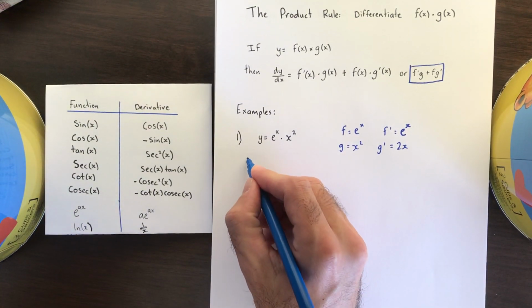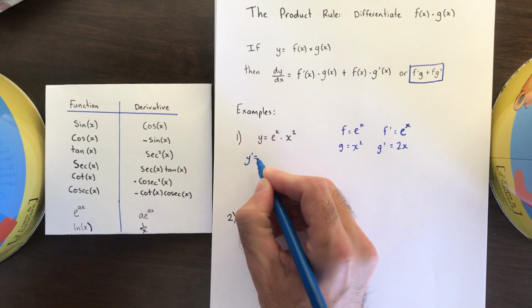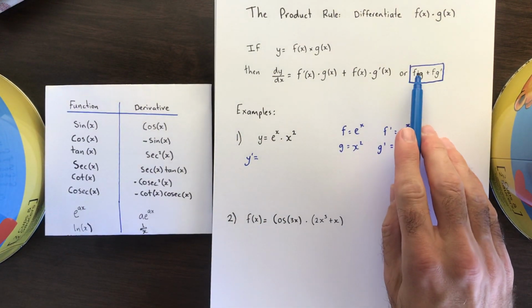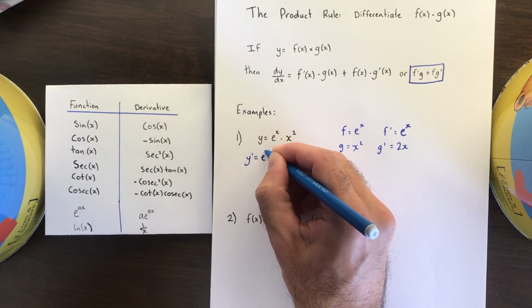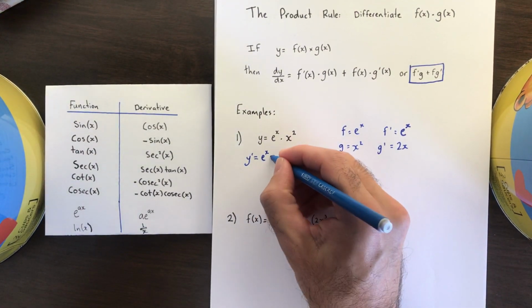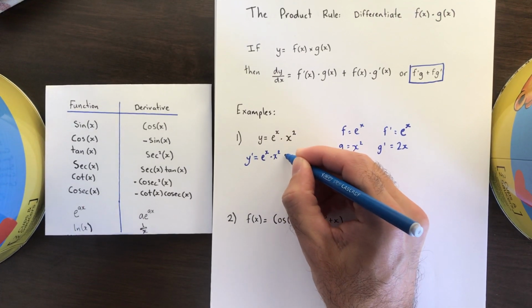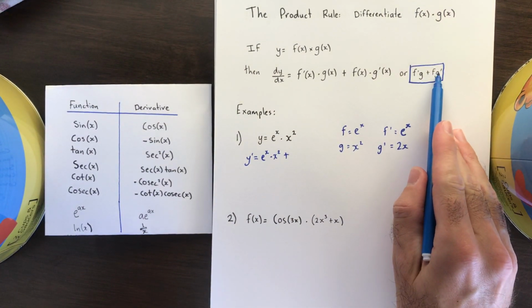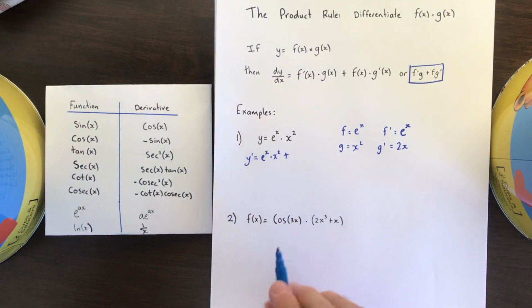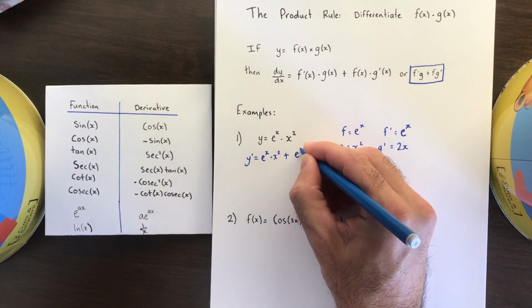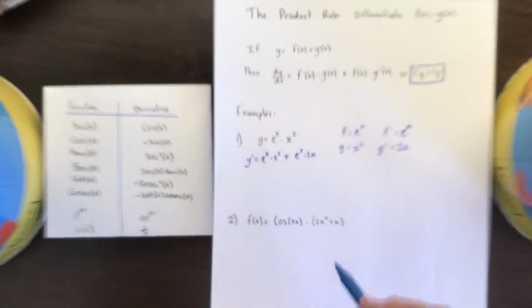So my derivative y dash will be f dash times g. F dash was e to the x, g was x squared, plus f g dash. F was e to the x, g dash was 2x. E to the x times 2x. And that's my final answer.